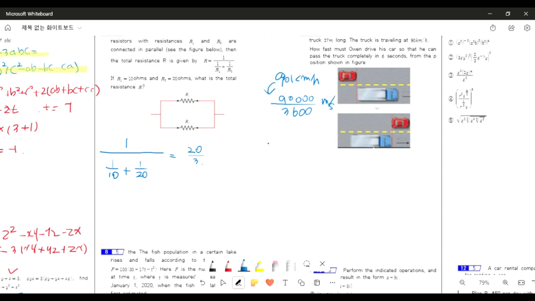So it means 90 divided by 3.6, that's 25. Okay, 25 meters per second.